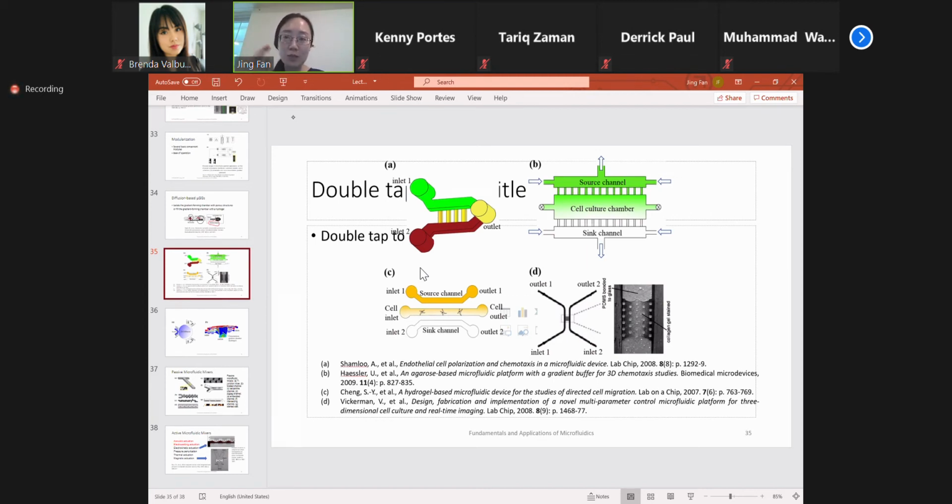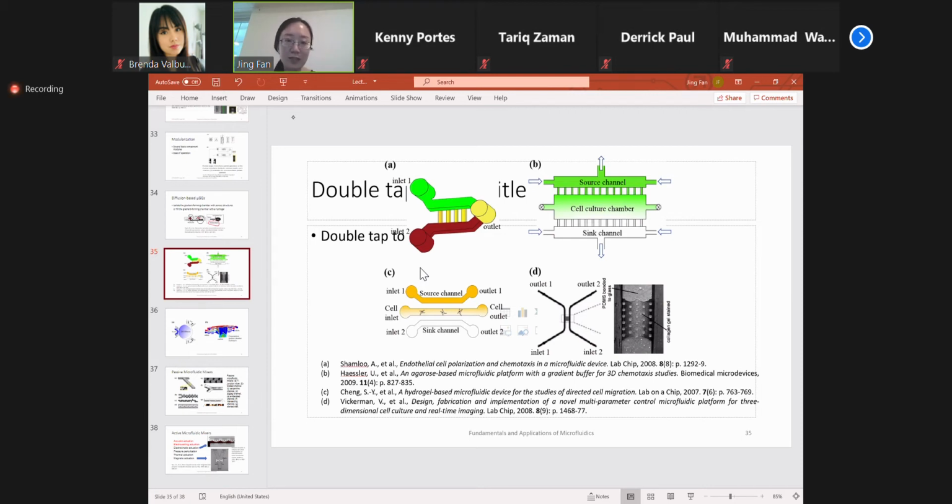And in between the source channel and sink channel and the gradient forming region, we have the porous structure. The porous structure, as I mentioned, can be hydrogel, or very small microchannels. It's like multiple pores to serve as a porous structure.